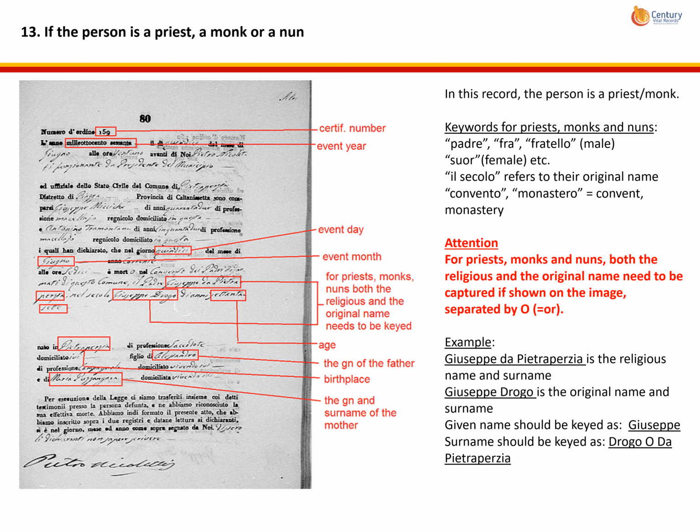Priests, monks, and nuns have 2 names: their original name and surname, and their religious name and surname. Remember that you'll need to capture both names. Look at the example below to understand how these names should be keyed.